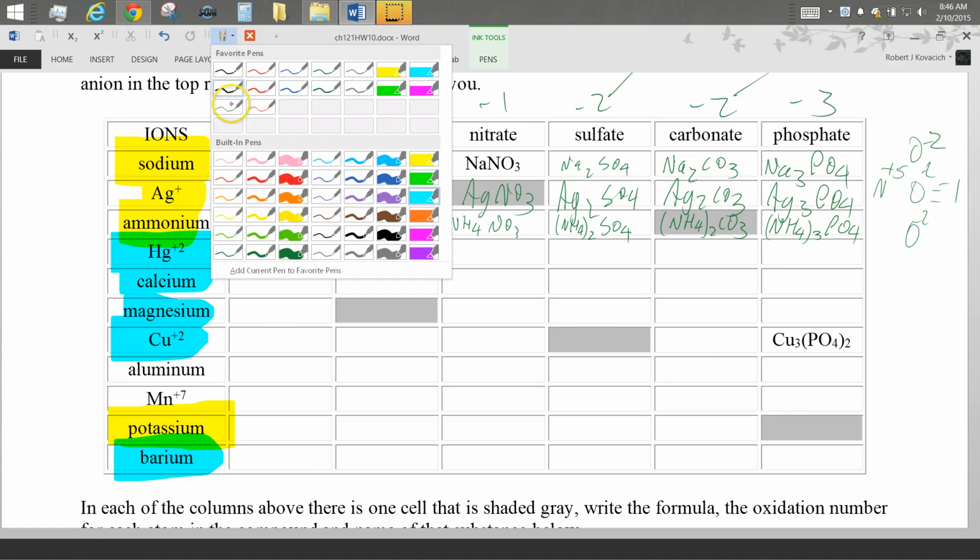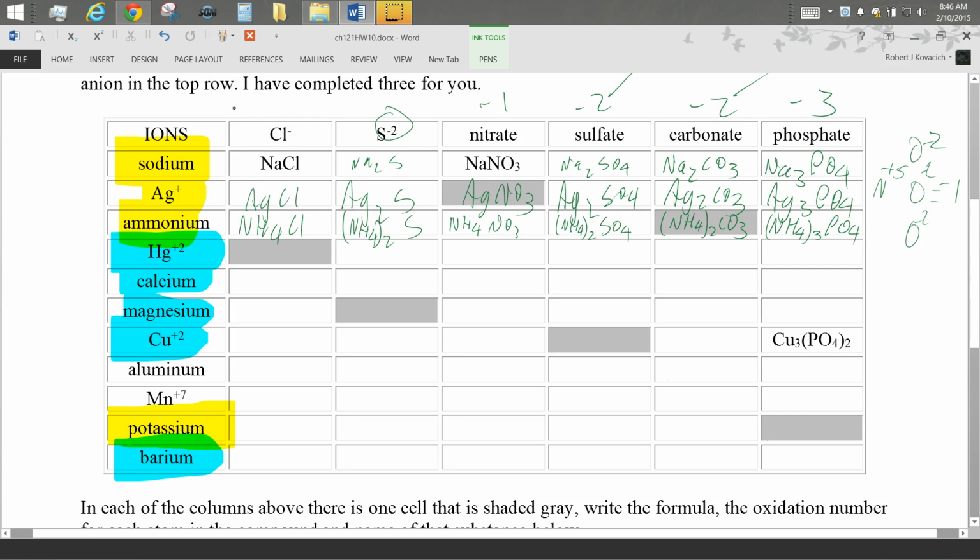So let's do, I'm going to do this copper one right here. So it's CuCl2 because the copper's got a +2 charge and the chlorines are a -1. And then I've got CuS because they both have a charge of +2 and -2. And then I've got Cu parentheses NO3 subscripted 2.